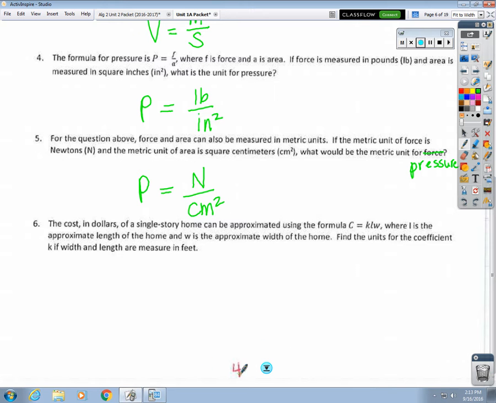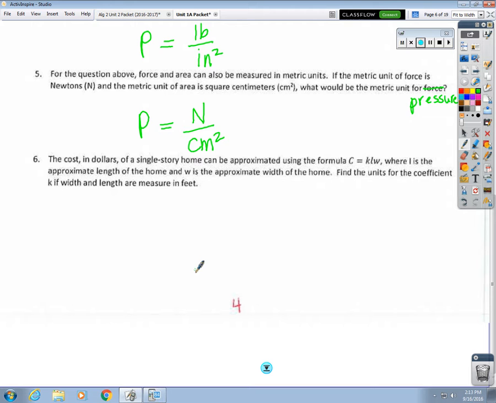Number 5. The cost in dollars of a single-story home can be approximated using the formula C for cost equals KLW, where L is the approximate length of the home and W is the approximate width of the home. Find the units for the coefficient K if width and length are measured in feet. So we start out with C equals, did they give us units for K?